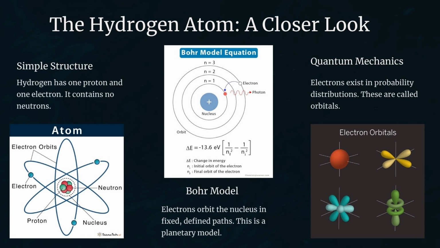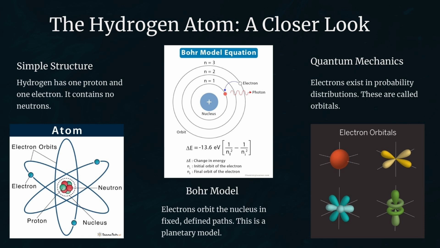Electrons don't follow predictable paths but exist within probability distributions called orbitals. These orbitals represent the regions of space where an electron is most likely to be found. This diagram shows the shapes of various orbitals. These aren't solid shapes but represent probability density, the likelihood of finding an electron at a particular location.